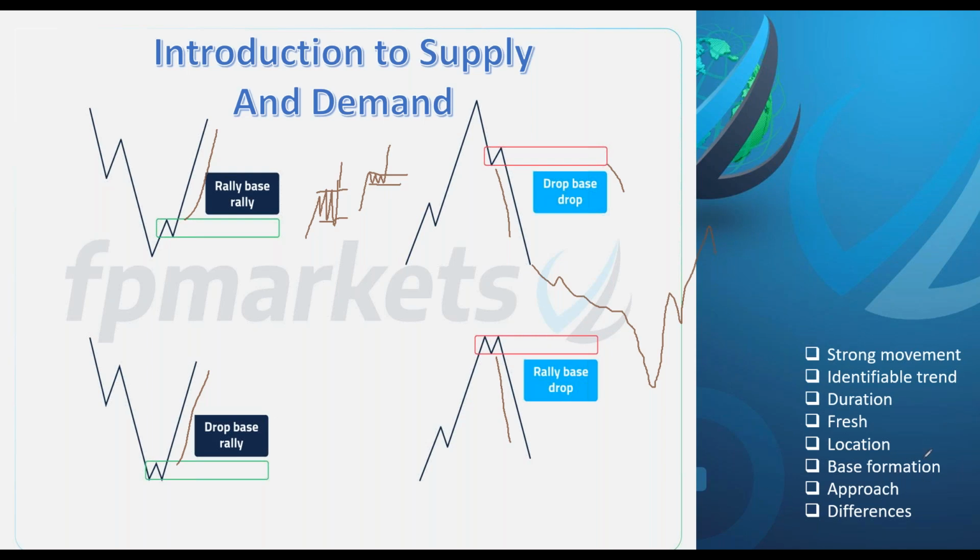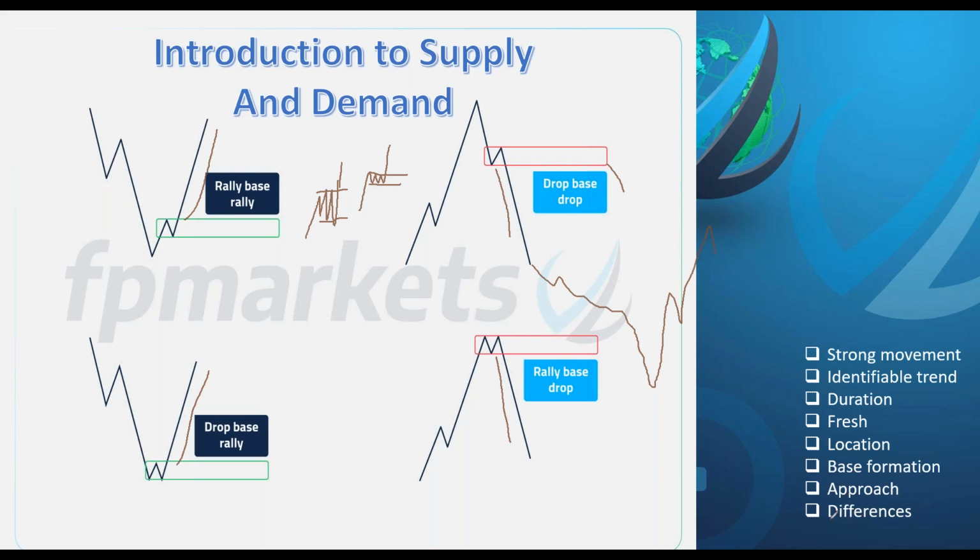The approach. Now, this is something we'll likely touch more on in part 2 because it can become quite technical. Was the approach controlled or was it heavy? So was there strong selling into the demand, or was there strong buying into a supply, for example?